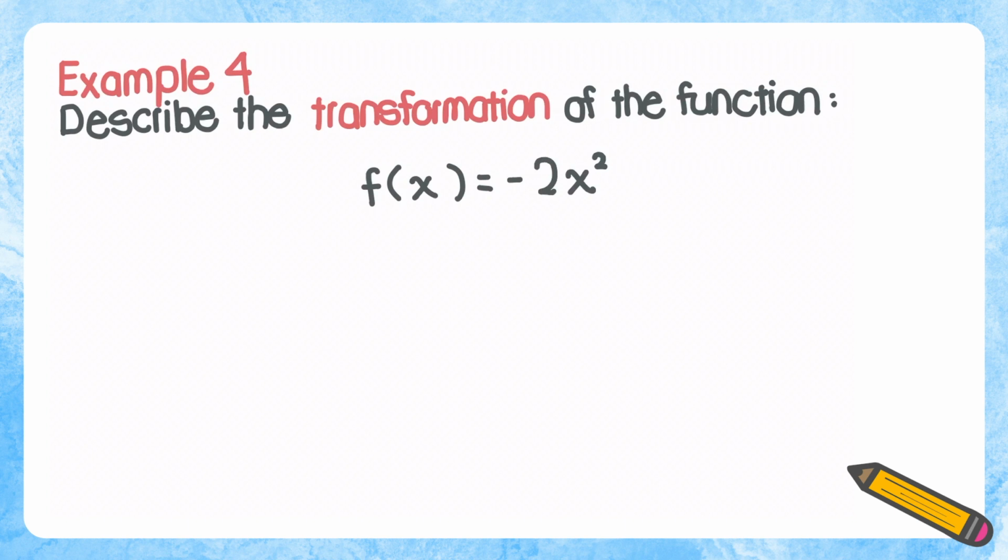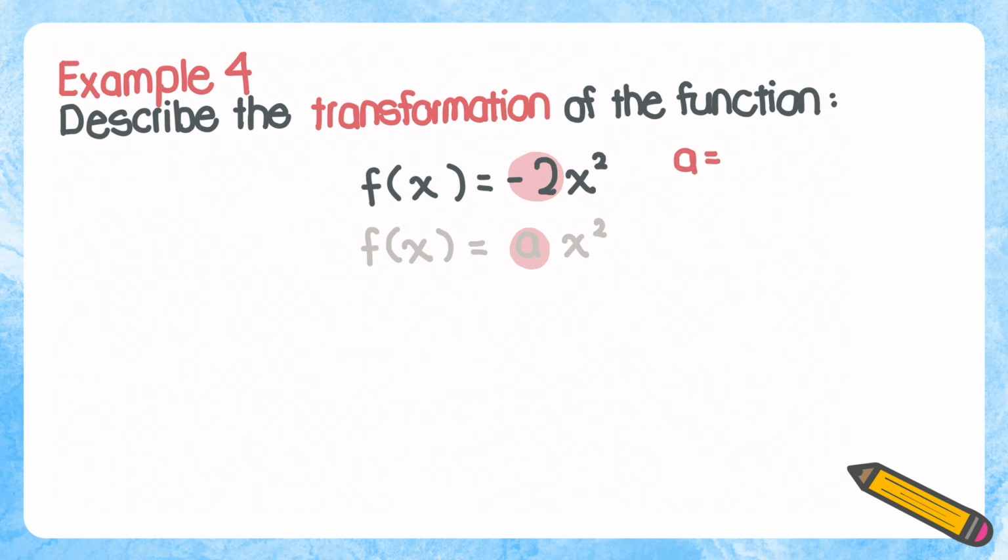With that in mind, let's look at example 4. Describe the transformation of the function f of x equals negative 2 times x squared. I'm going to write f of x equals a times x squared, and I see that a is replaced by negative 2.